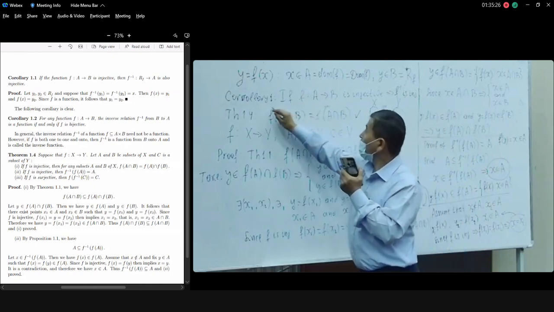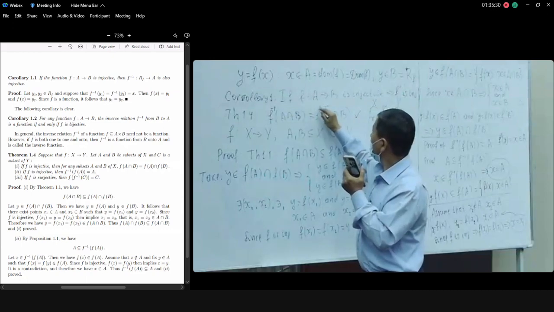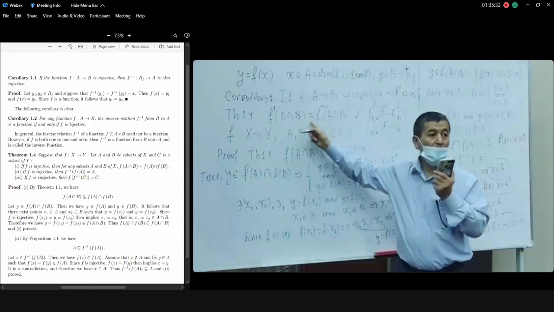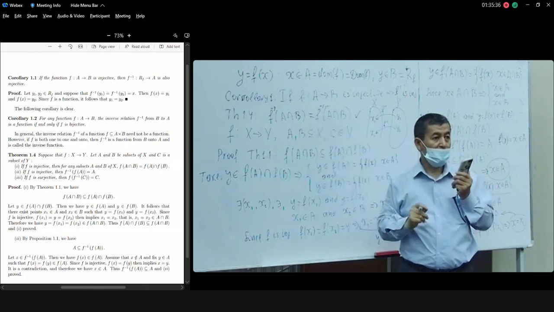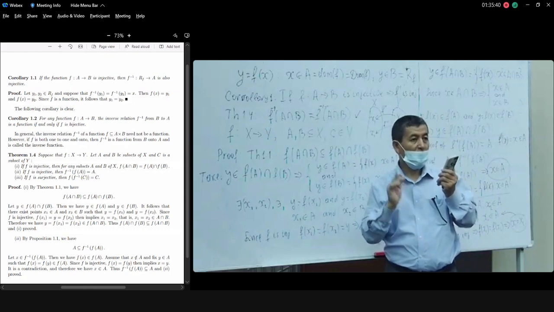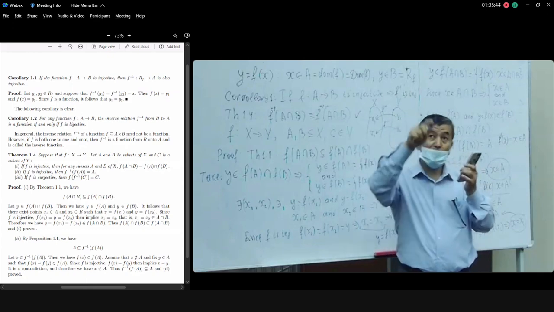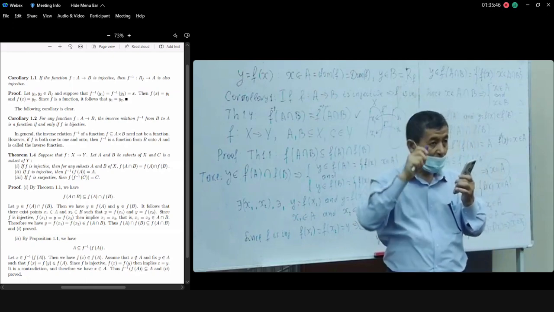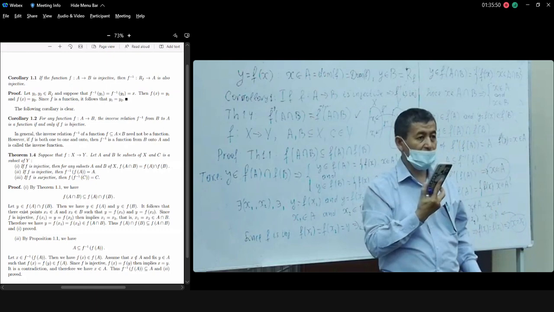Please pay attention: for f minus 1, without injectivity, this equality holds. But for the function f, it doesn't hold. That is the difference between the mapping of the inverse and the function itself. That is a big difference.